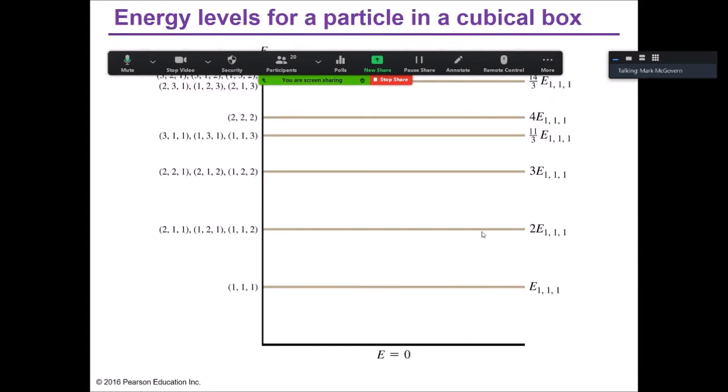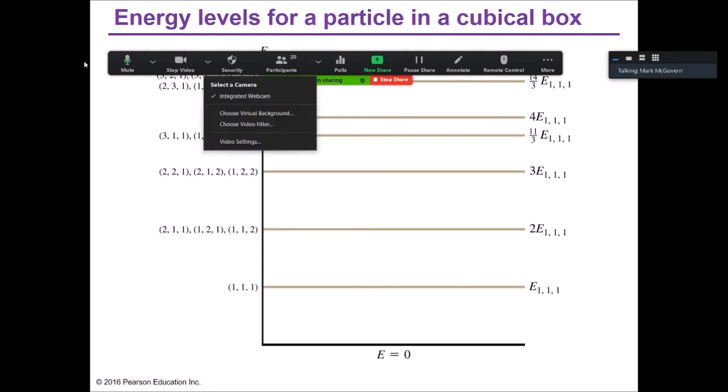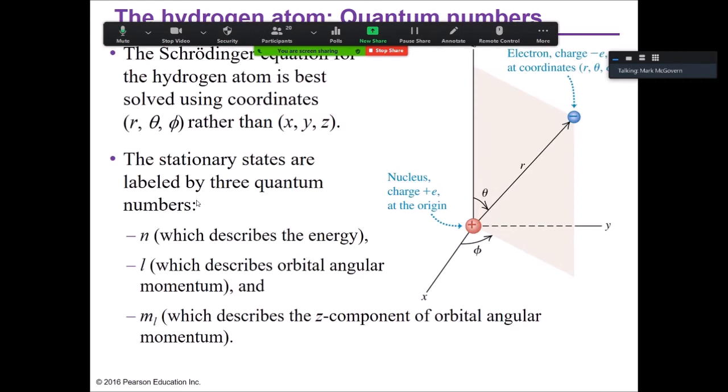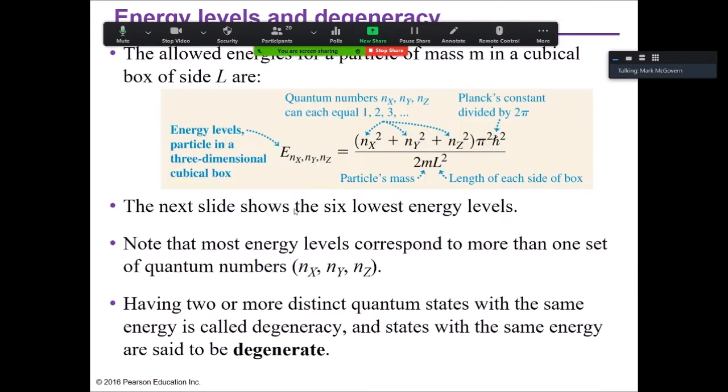There are 3 energy states that work for this level, 1 here, and then the top one here has 6 states that result in the same energy difference. So when you go back to this statement here, nx squared, ny squared, and nz squared, there's a lot of combinations that result in the same energy. So there are multiple degenerate states here.